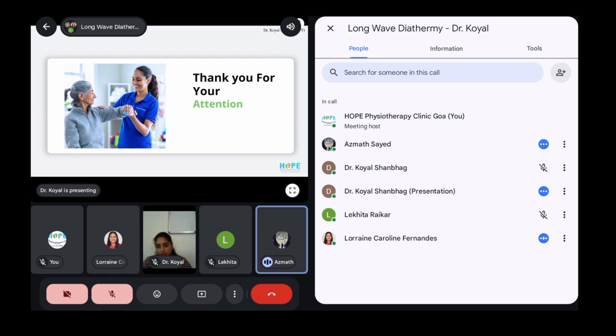Ma'am, when laser light is applied onto the skin, there is absorption by the chromophores which are present in the mitochondria. They absorb the laser light. Okay, and what happens to the mitochondria?